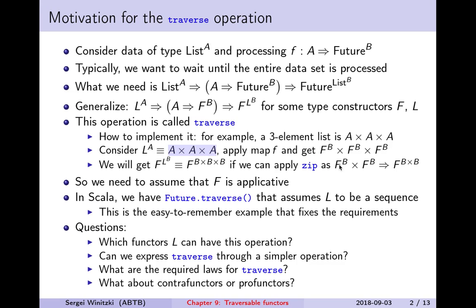Otherwise, we don't know what f is. We just use zip from it. And so we are generic in the functor f, as long as it's applicative. We don't look at the structure of f. We do look at the structure of L. So the traverse function depends on the structure of L, but it doesn't depend on the structure of f. It's generic in f.